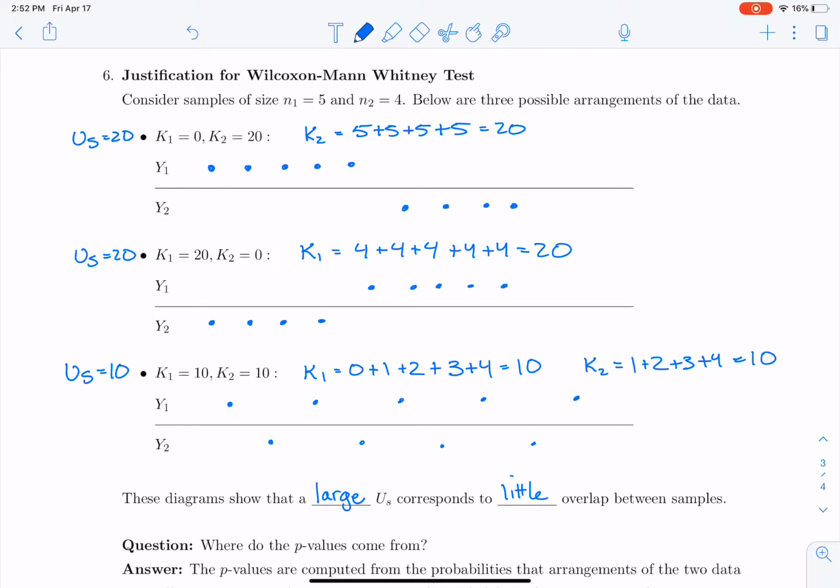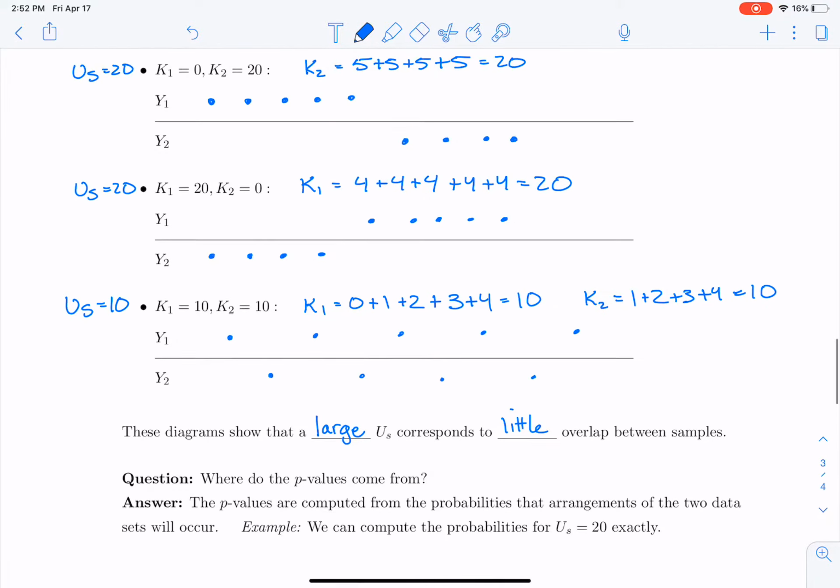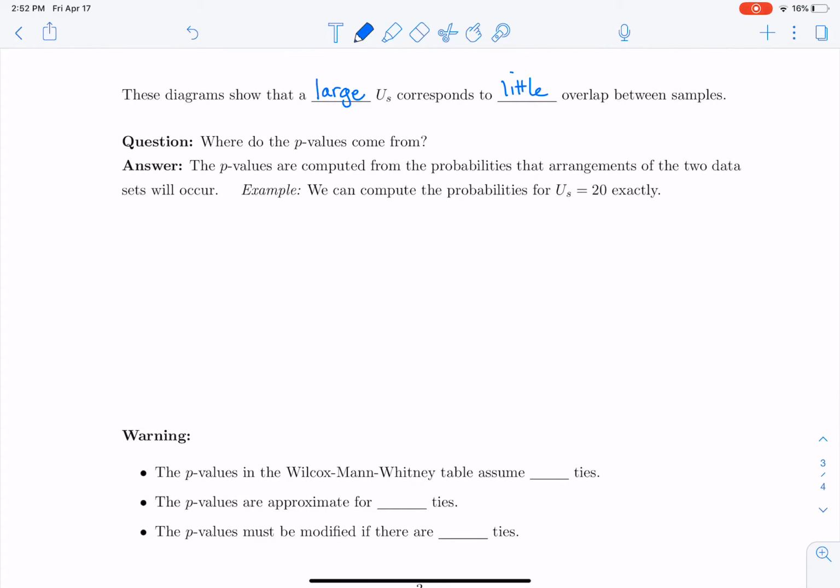Okay, so where do the p-values come from? Well, what we have to ask is, what is the probability that U sub S equals 20, given that the null hypothesis is true? Given that the samples are indistinguishable. Well, we can think about that as the probability of getting one of two arrangements.